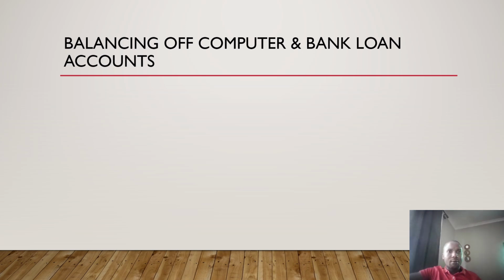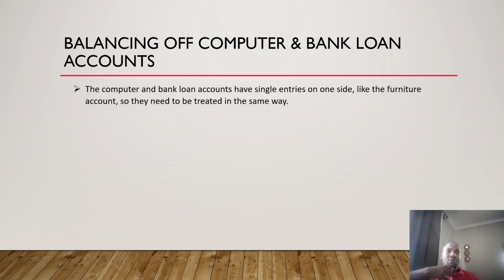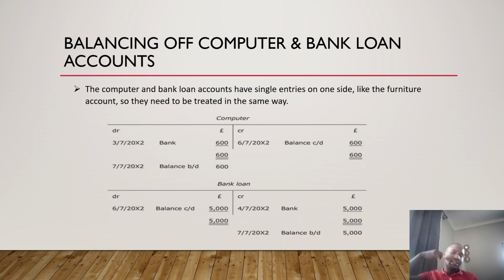Okay, now balancing of the computer and the bank loan accounts. So the computer and bank loan accounts have single entries on one side, just like the furniture account, so they need to be treated in the same way. So the computer side had only a debit entry of 600, and the bank loan side also had a single figure on the credit side.